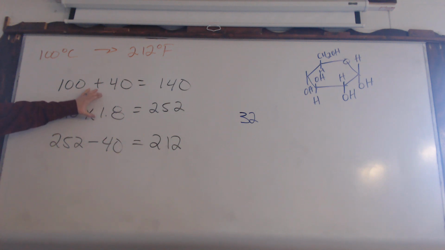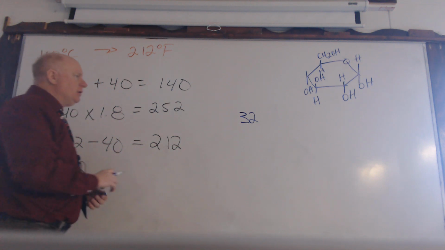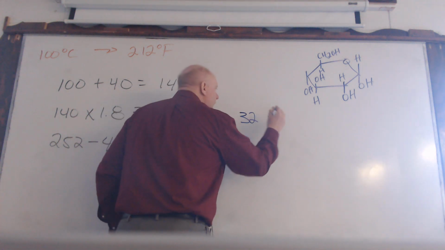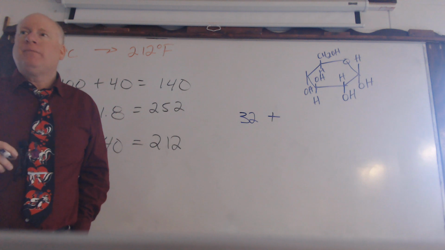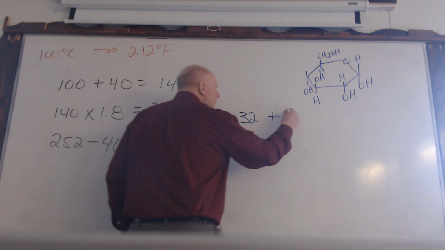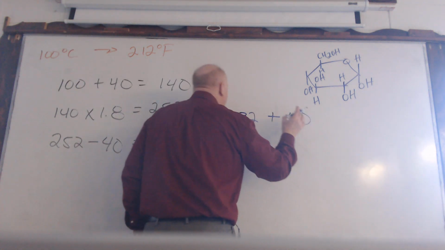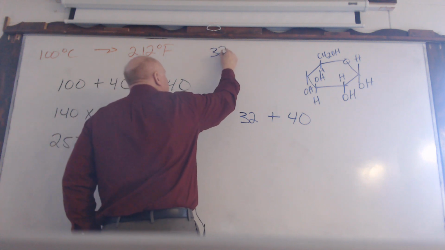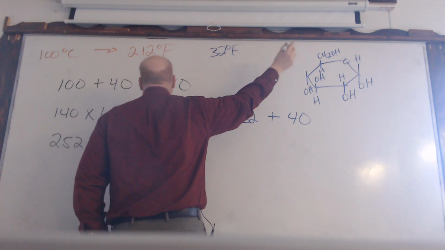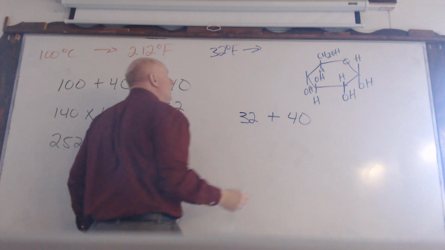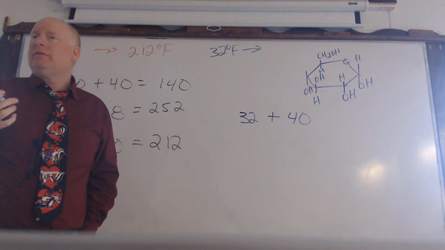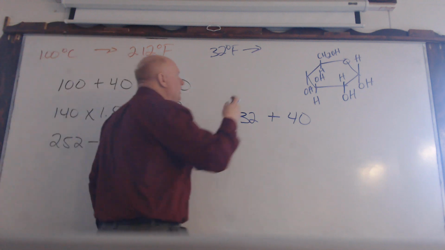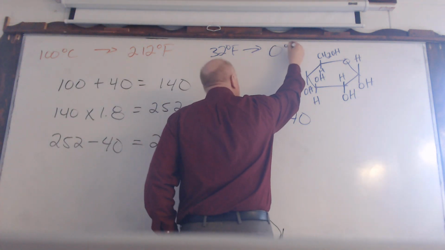So in this first step, what are we going to do? Add what? We're going to add 40. But if we have 32 degrees Fahrenheit, what should that be in degrees Celsius when water freezes? Should be 0. So let's see if that prediction would be correct.